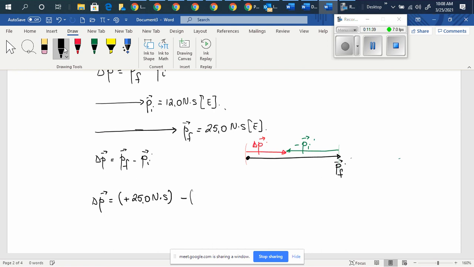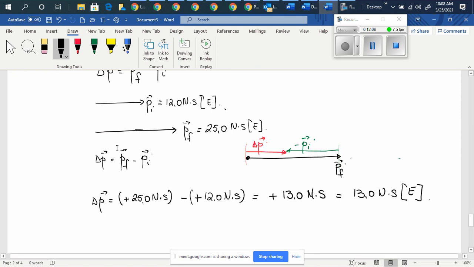Is it positive or negative? It is positive. Then when you use the calculator, you will find positive 13 newtons times seconds, or you can say 13 newtons times seconds going in the positive direction, which was the east direction. Okay.